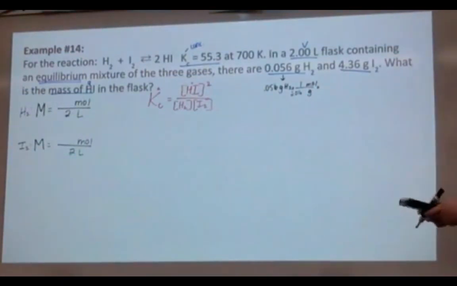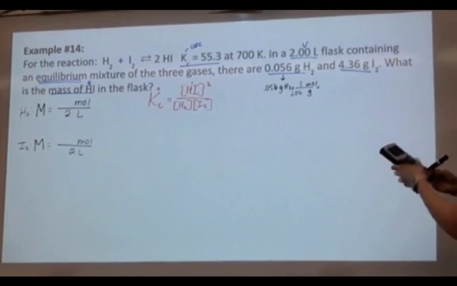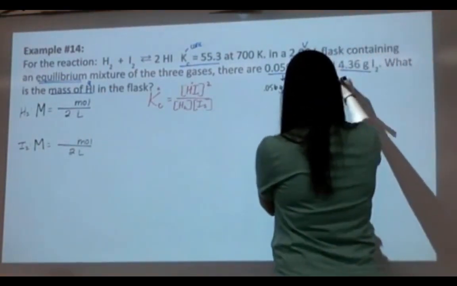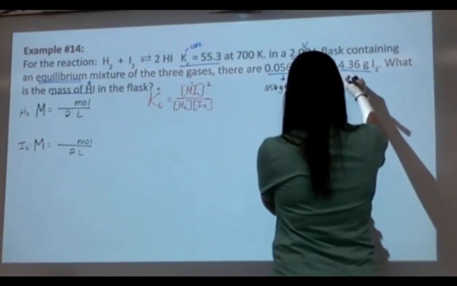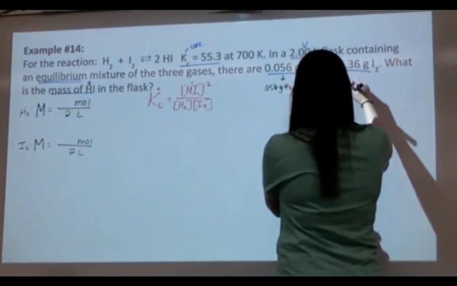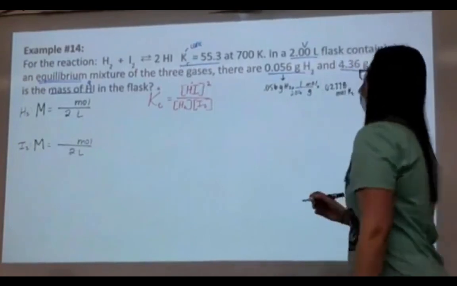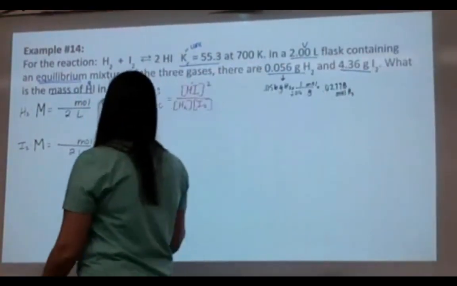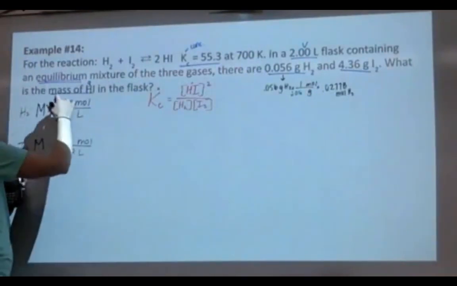Now I need this: 0.056 divided by 2.016. That's 0.02778 moles of H2. Go out to at least 3 or 4 sig figs. Don't round too much.